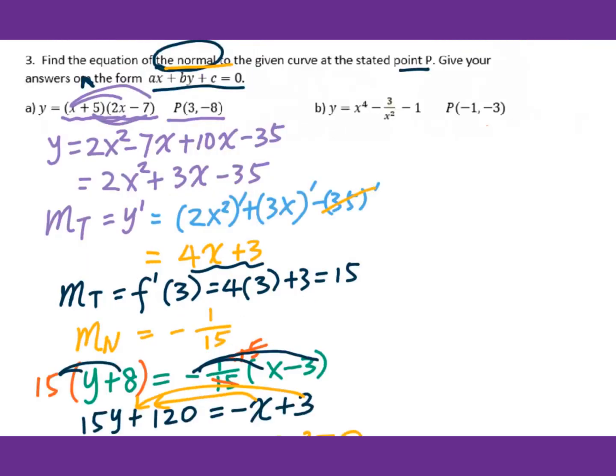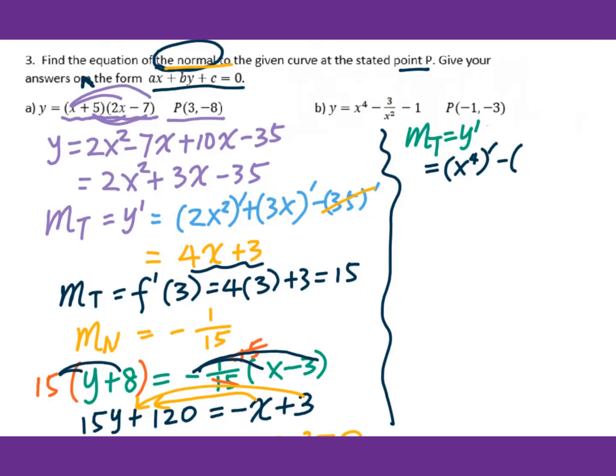Let's go to B. We need to figure out the slope of the tangent line. That's the derivative of this y. So you will get x to the 4th, we do derivative, minus 3 times x to the -2nd power derivative, minus 1, we do derivative.